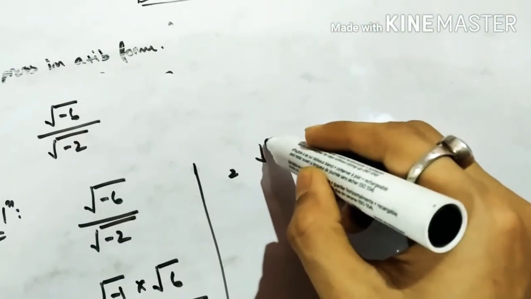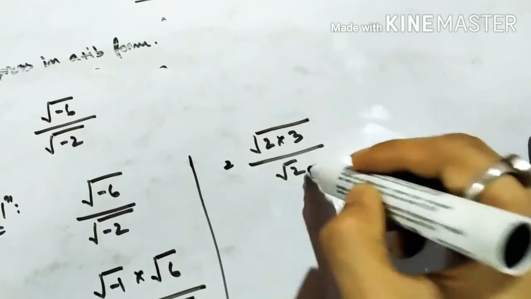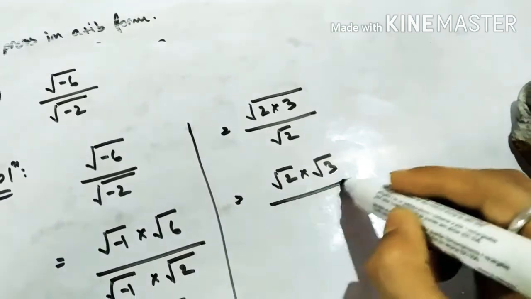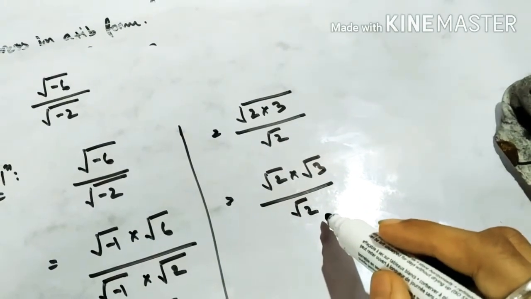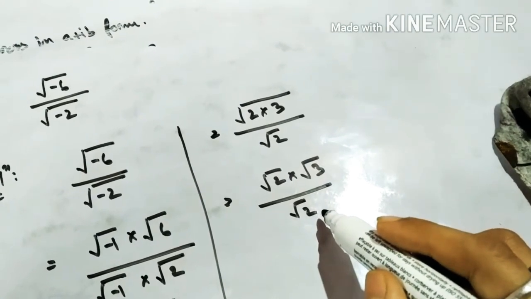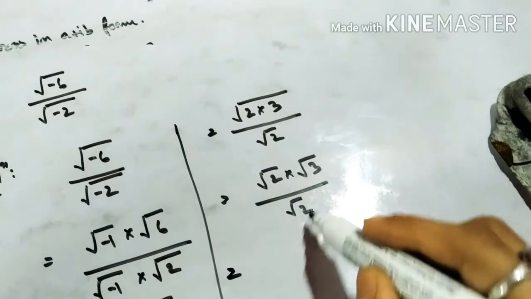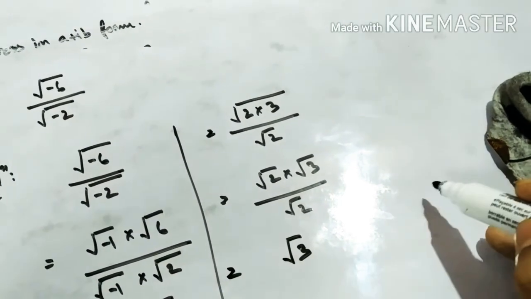So now this root 6 by root 2, I can write as root 2 into 3 by root 2, which will be root 2 into root 3 by root 2. So now here I will get root 3.